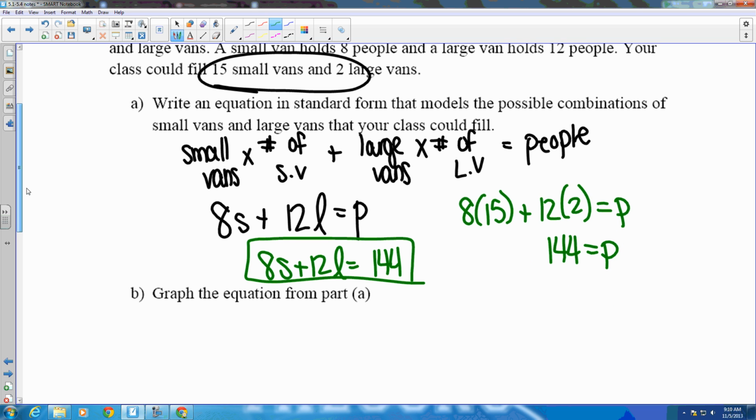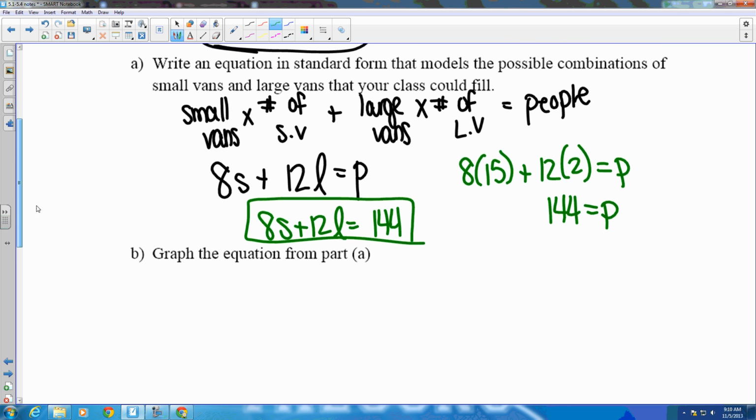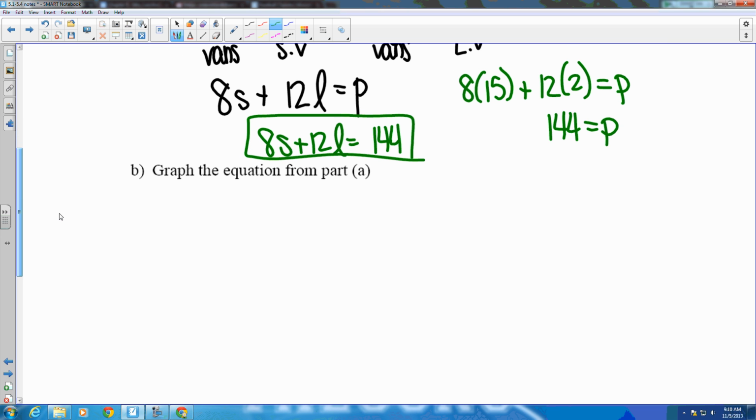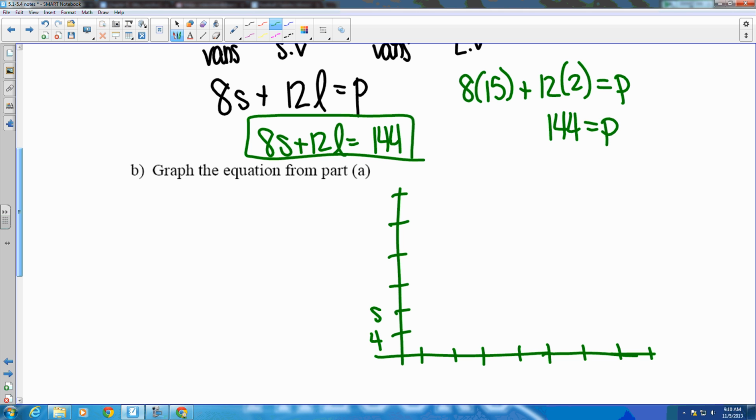Graph the equation in part A. Okay, so one way to do this, since this equation is in standard form, is to find the intercepts.